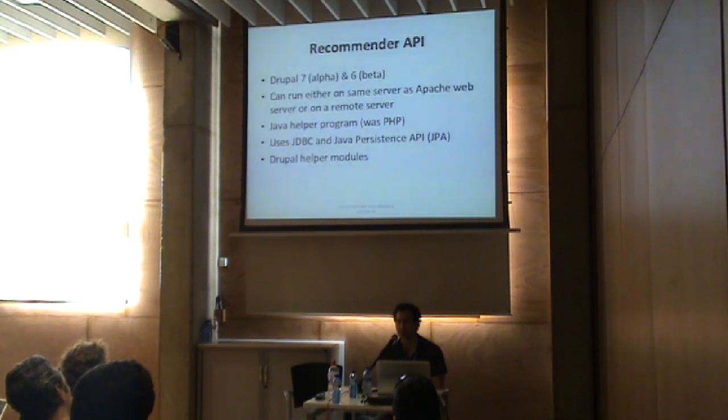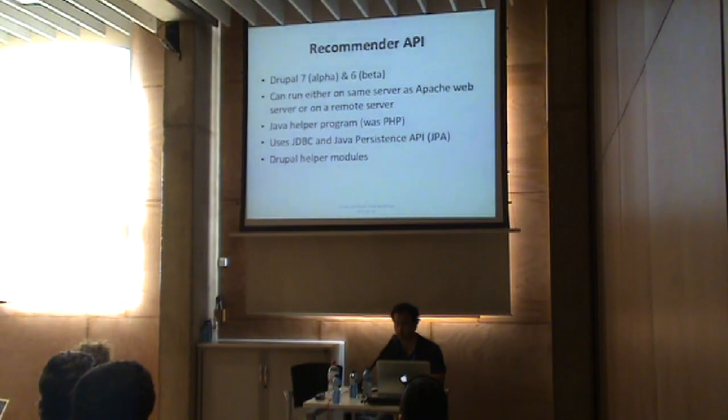As you may or may not know, PHP really isn't perfect for these sorts of scalable, massive matrix computations. So he rewrote everything in Java and designed it to work ideally on a separate virtual machine, a separate host that could be dedicated to running these offline processes. It could be run on the same machine as the Drupal server. If you have access to another virtual machine, you'll probably get better results.